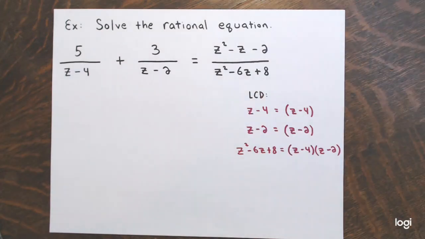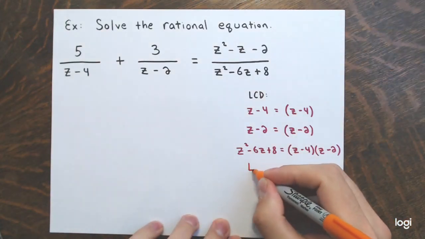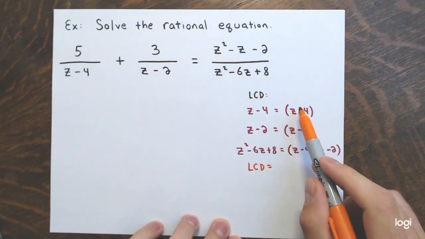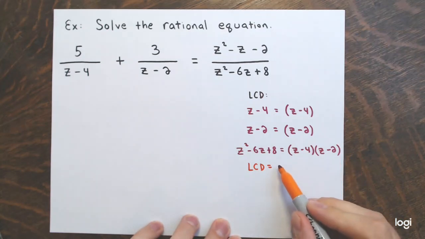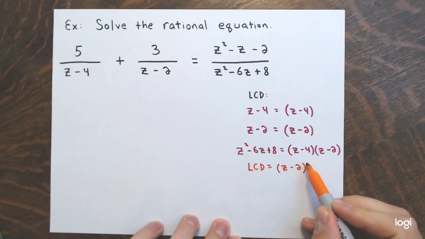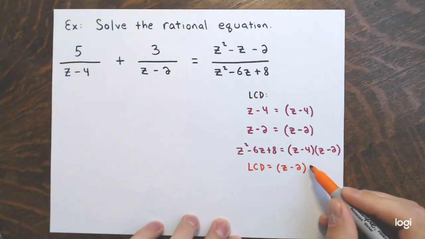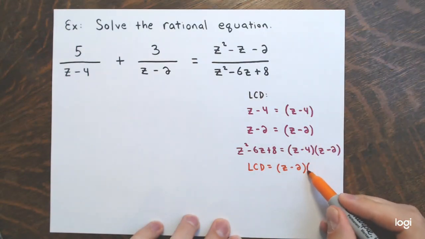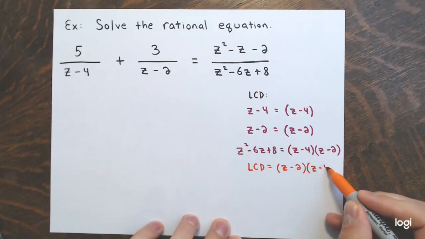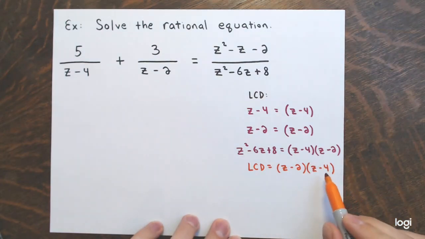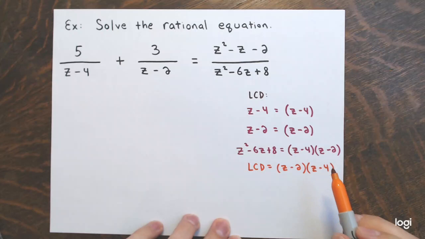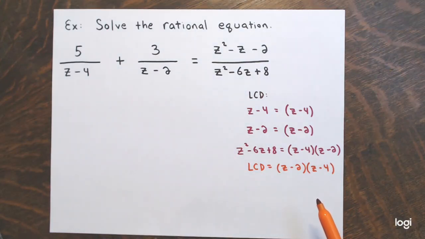Alright, so the least common denominator, or the least common multiple of the denominators, or the LCD: looking through the factorizations of the denominators, I'm seeing factors of z minus 2 show up, so there will be a z minus 2 to some power in the LCD's factorization. And I'm also seeing at least one factor of z minus 4 show up, right? The powers on these are the greatest number of times they show up in the factorizations of the denominators.